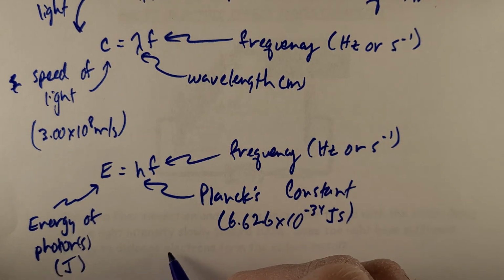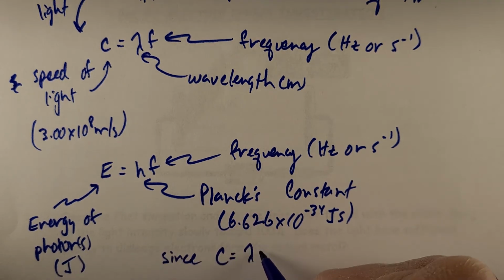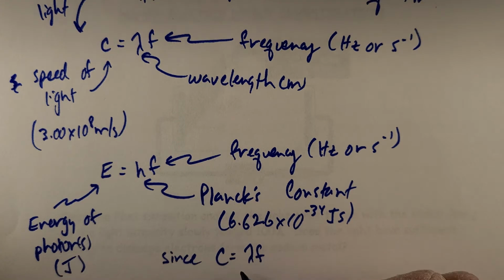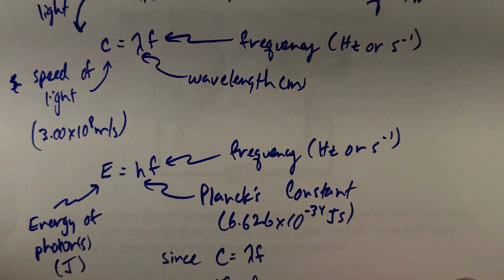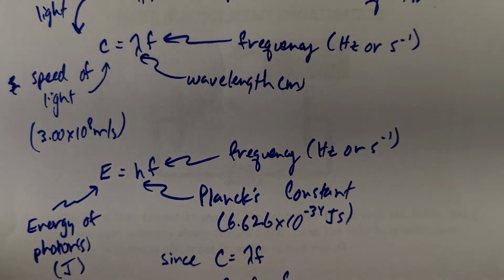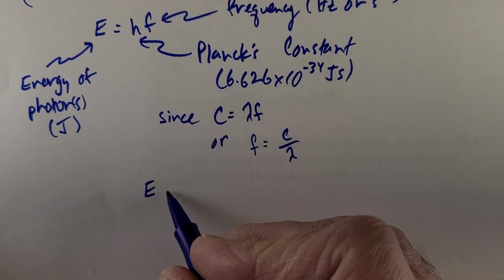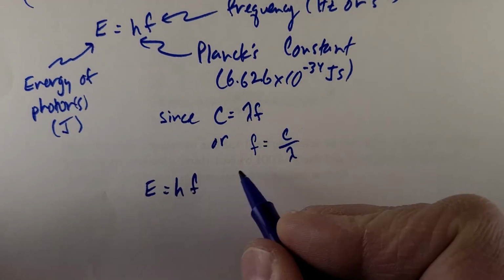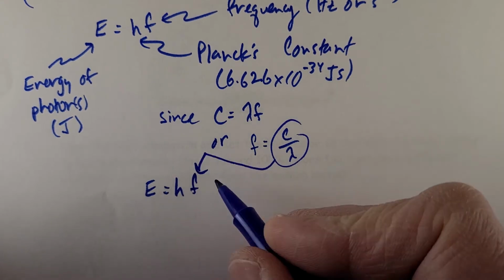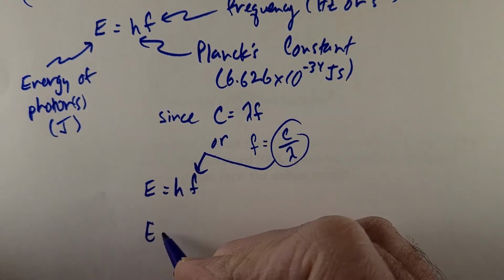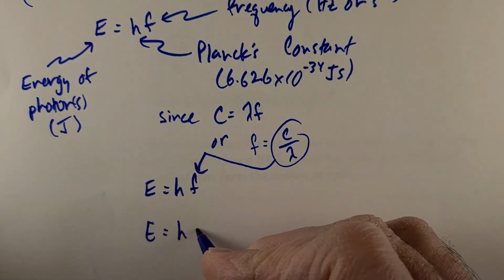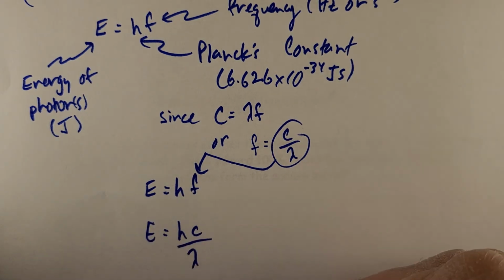Now up here, since c is equal to lambda f, if I solve that for f, divide each side by lambda, I get that. So what I can do is take that and place that into here, and this equation all of a sudden becomes hc over lambda.